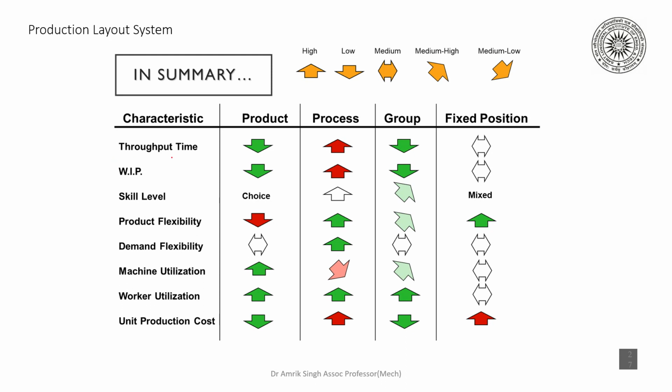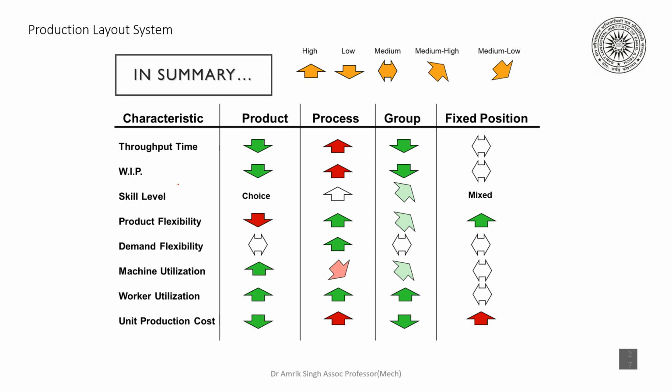So the throughput time is low in the case of the product type of production system. While it is high in the process system, and in group type of layout also it is low, and in fixed position it is medium. Okay.